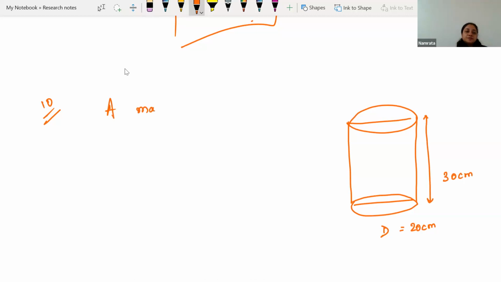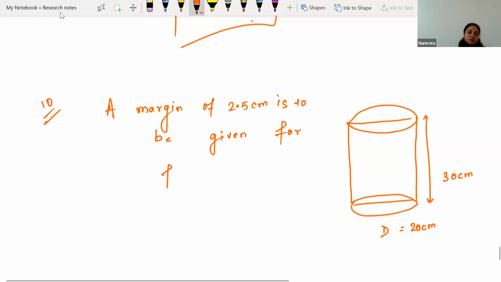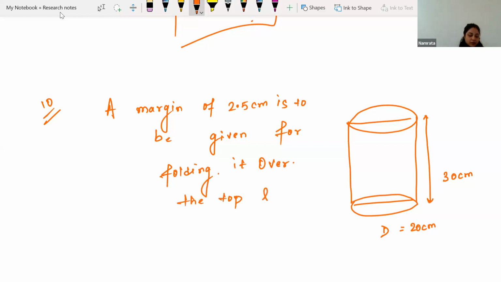A margin of 2.5 centimeter is to be given for folding it over the top and bottom of the frame.